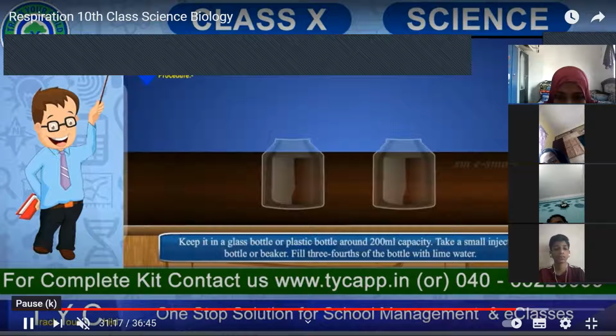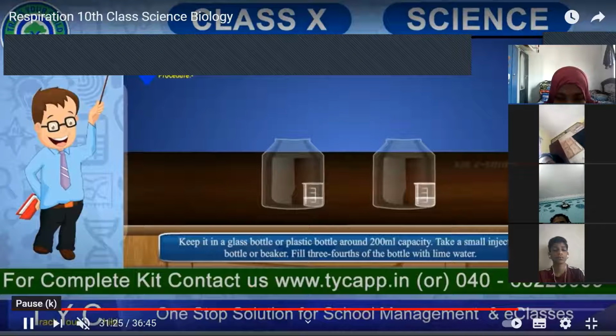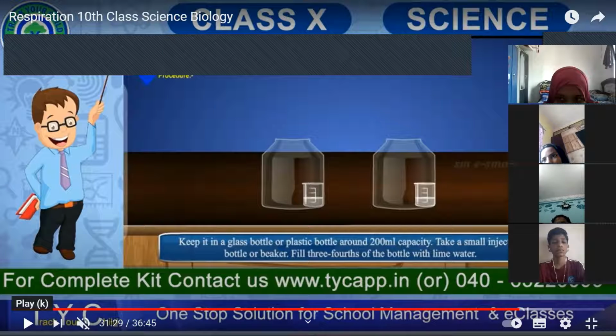So now keep it in a glass bottle or a plastic bottle so that you can see it. It should be around 200 ml in capacity, and take a small injection bottle or a beaker, and fill 3/4 of the bottle with lime water. We call it an injection beaker because we are inserting it inside the big plastic or glass jar.